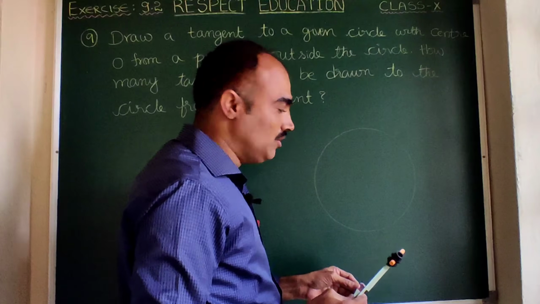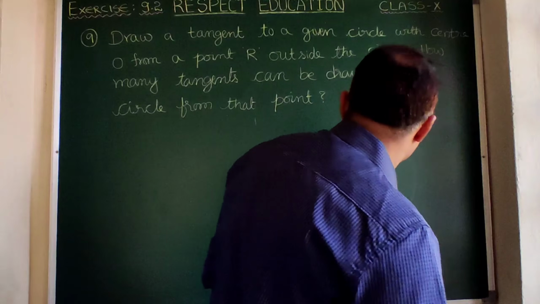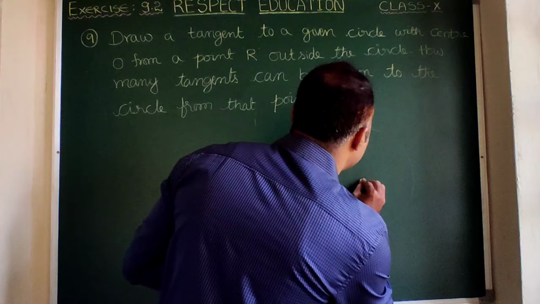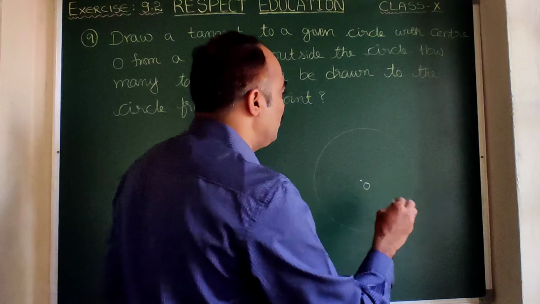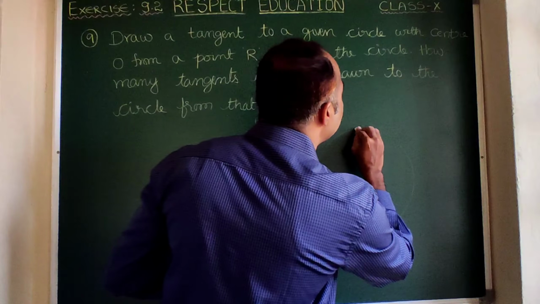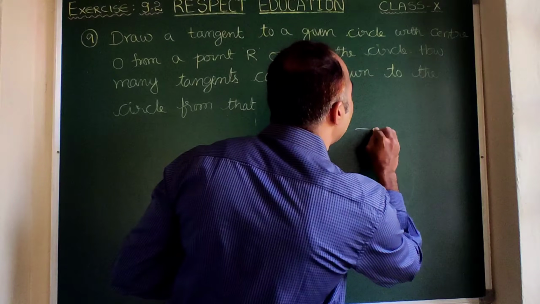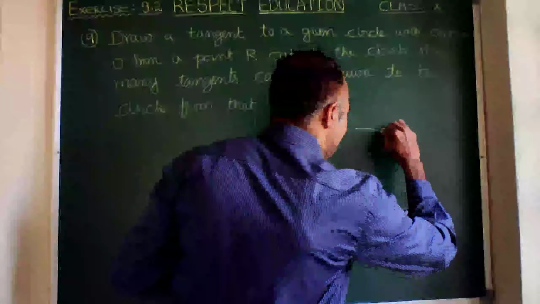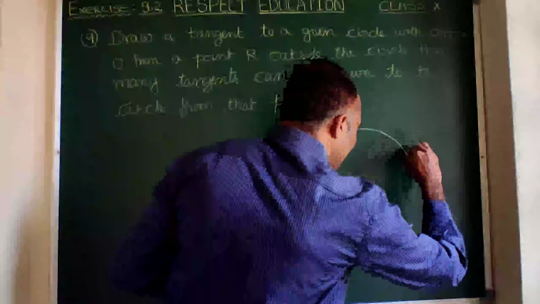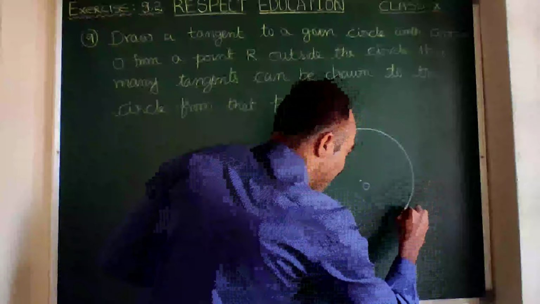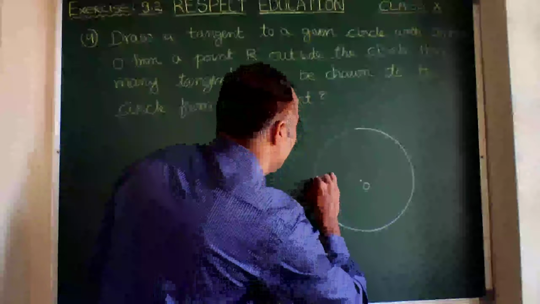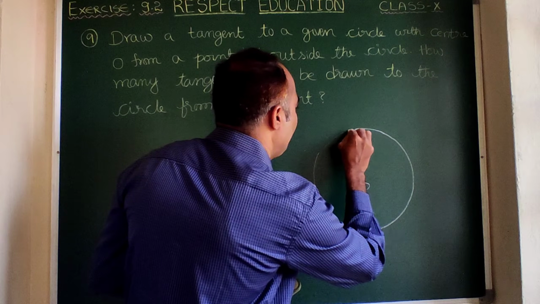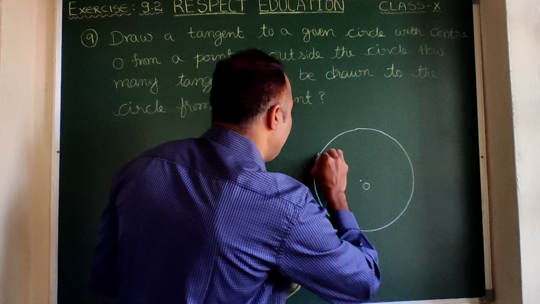Okay, so consider the center as O. To make it clearly visible, I draw once again on the boundary line. Here is the circle.